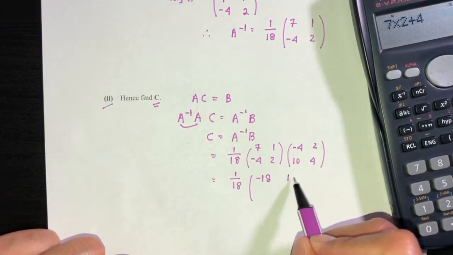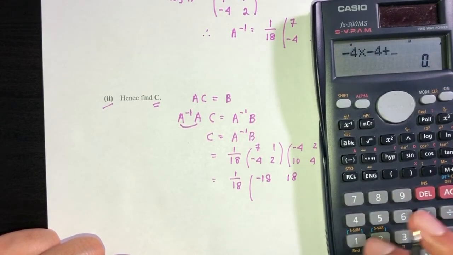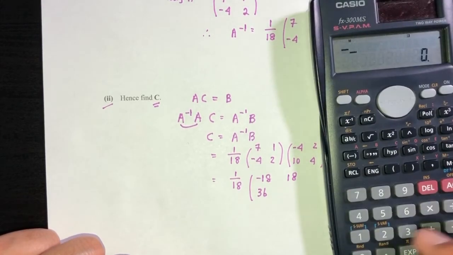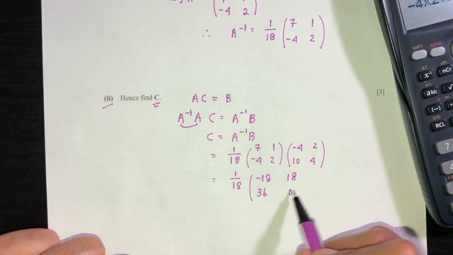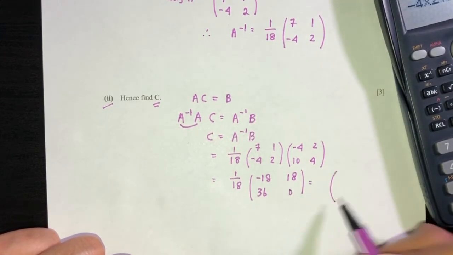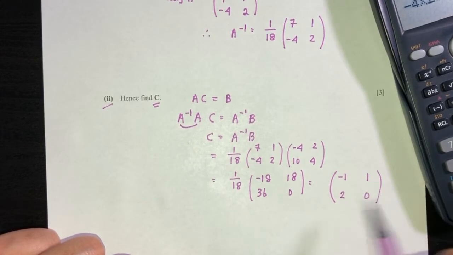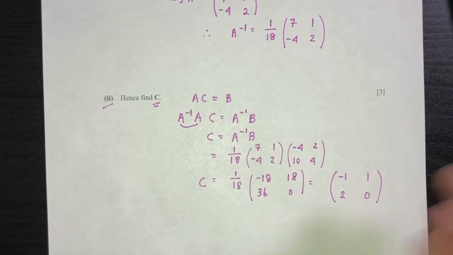That should be 18. Minus 4 times minus 4 plus 20. That should be 36. And we have minus 4 times 2 plus 2 times 4. That should be 0. If you simplify, C is equal to minus 1, 1, 2, 0. That is your matrix C. And that is your question number 6.